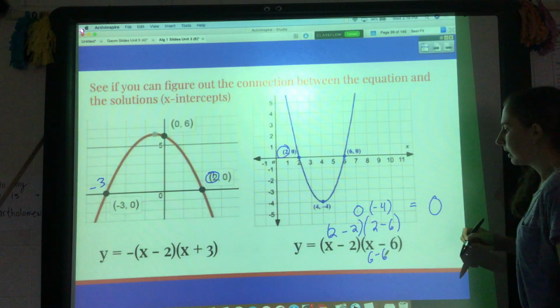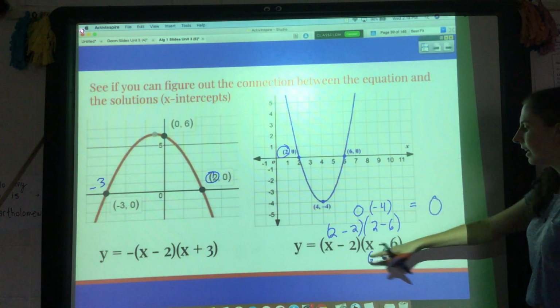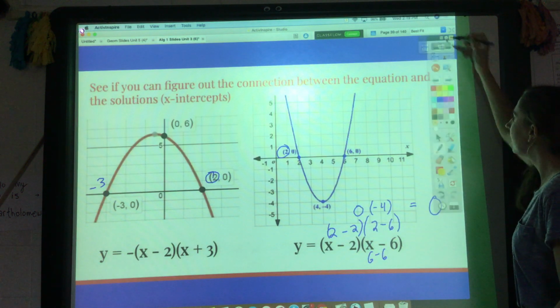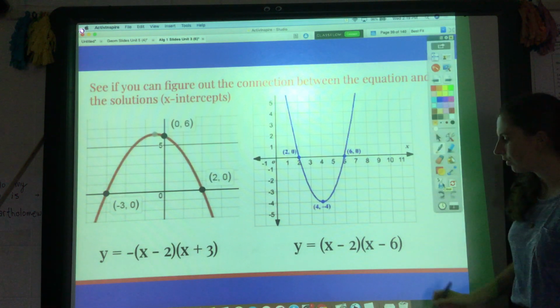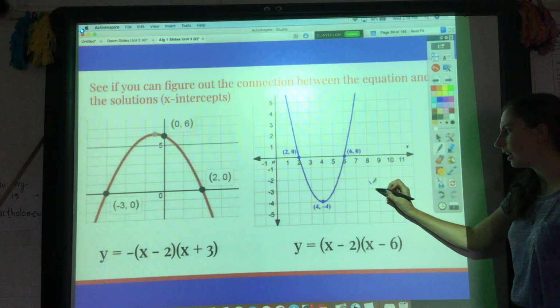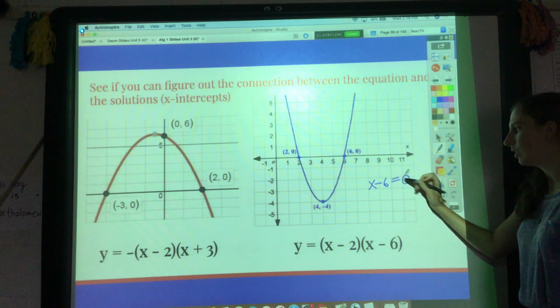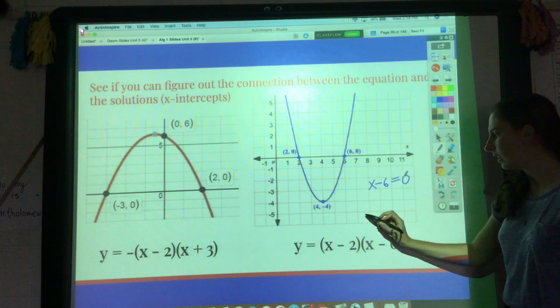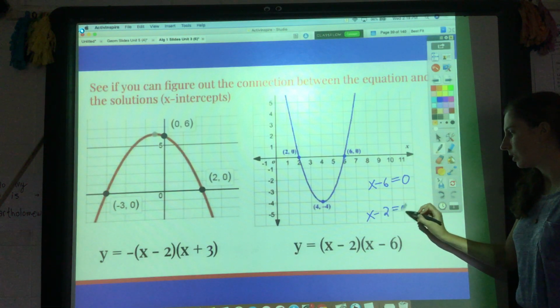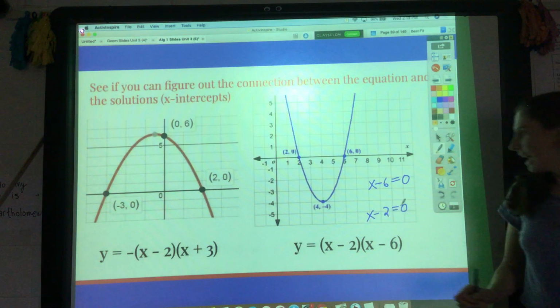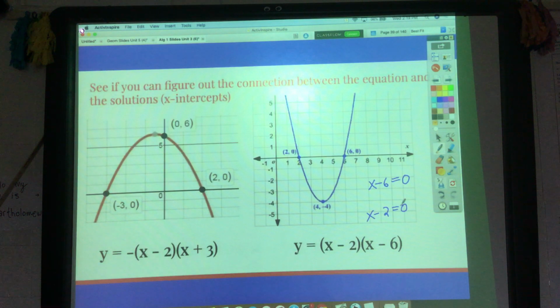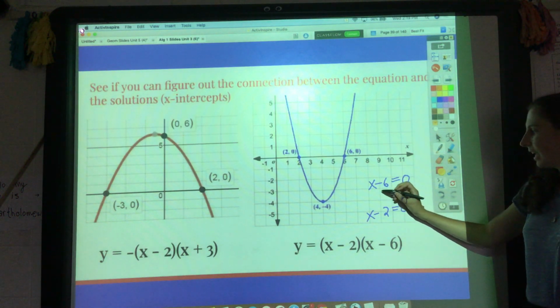So here's basically what's happening: we're taking these factors, setting them equal to 0, and solving. Like figuring out where does x minus 6 equal 0? And where does x minus 2 equal 0? That happens when you just solve for x.